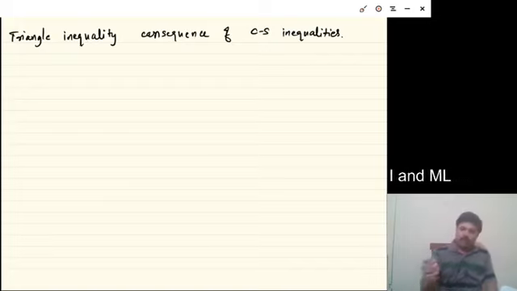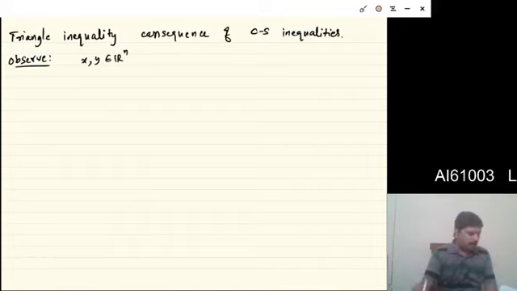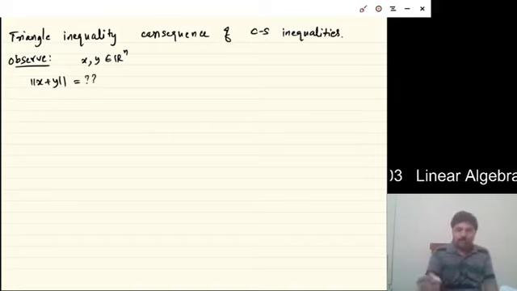But before that, I want you to observe something. Let's observe that for two vectors x and y in Rn, how can you compute the norm of x plus y? What is the formula?